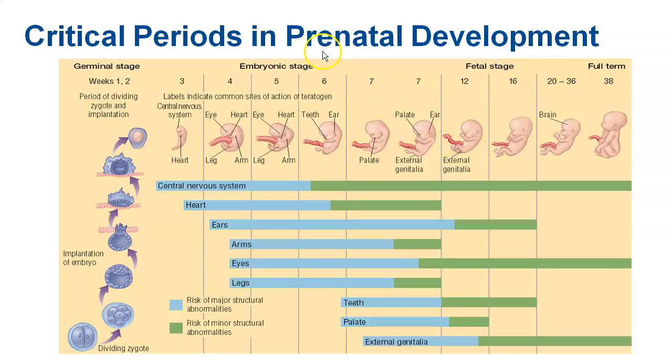Of course you'll see things like the central nervous system and the heart are the first few things to develop. Because of that, any damage that's being done early on can affect the central nervous system and the heart more majorly than later on, when usually they're already, for the most part, developed. So it's just minor ones.